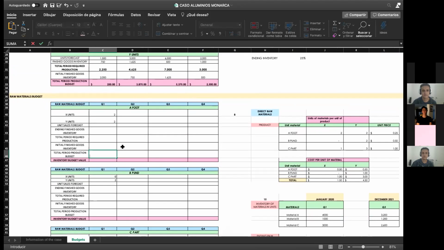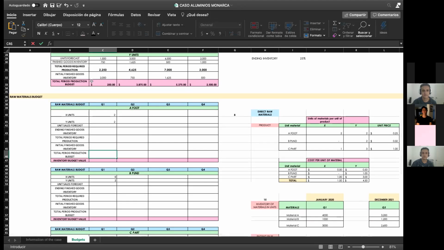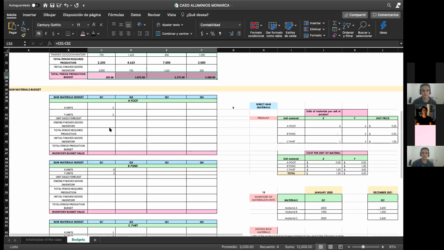So your cell C33 should be in units, and the other 1, 2, 3, 4 should be units, not pesos. Great. So the first step is you need to multiply how many apples you need per apple pie. You have 250 units for, what is that, X or Y?